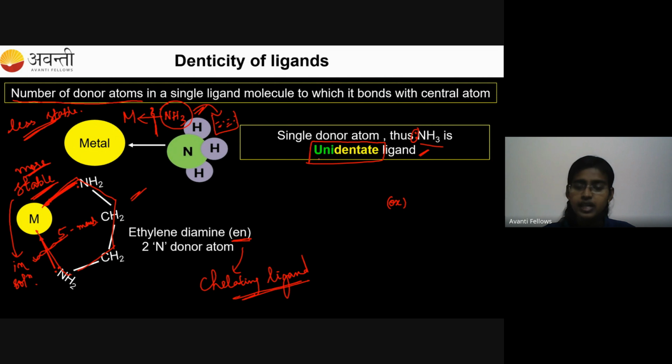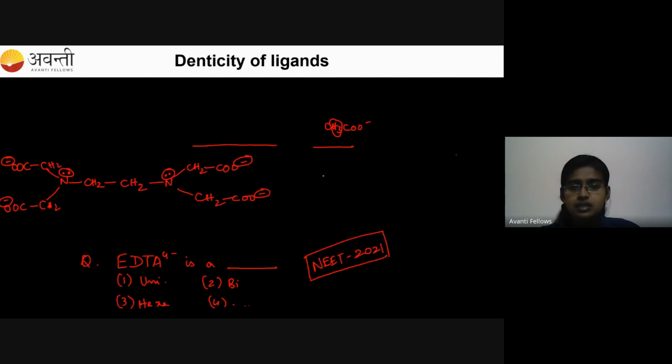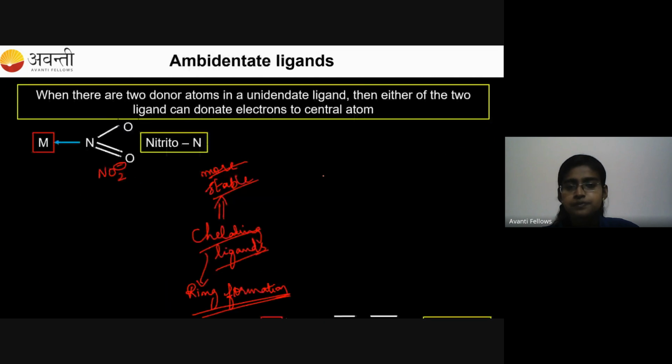All are chelating ligands only. In 3 options, you can find monodentate or unidentate ligands attached to the metal atom, and in only one option you can see the tridentate or polydentate ligand. That option is correct because that is the stable compound. I hope the concept is clear.